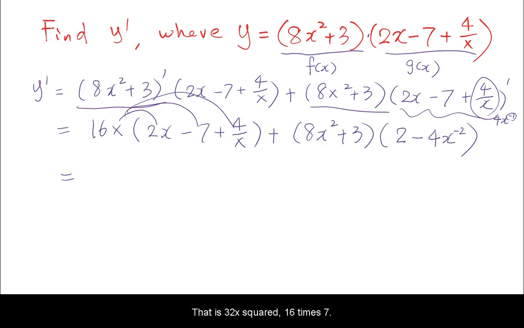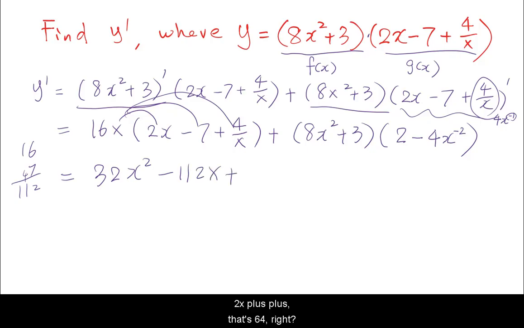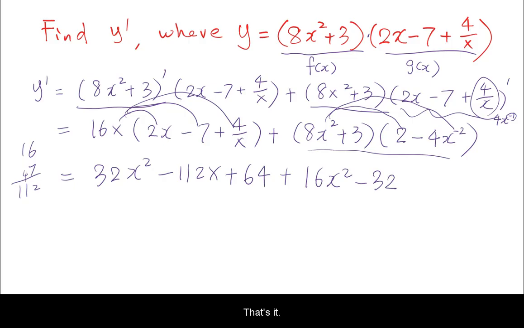That is 32x squared. 16 times 7 is 112, so minus 112x plus 64. Then do the multiplication here: that's 16x squared, and that's minus 32.